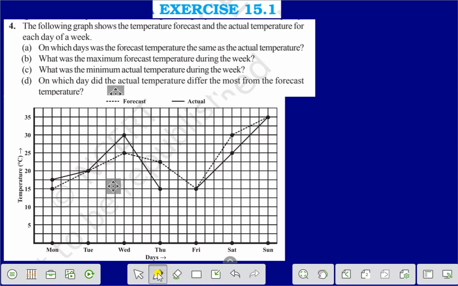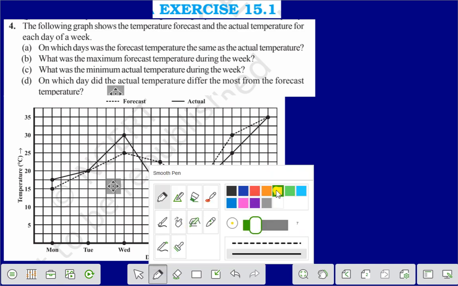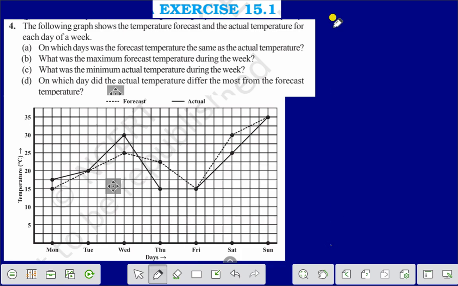Let us find the first question. What is the first question? The question is, on which days was the forecast temperature the same as the actual temperature?